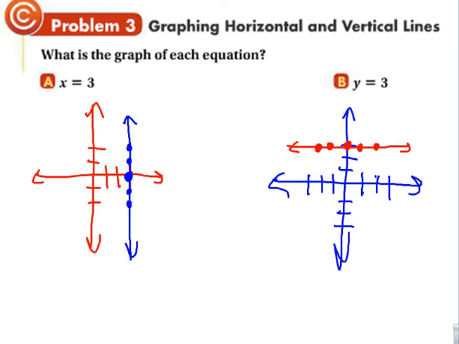So the thing that we can figure out here is that if it says x equals, it's vertical. And if it says y equals, it's horizontal. So that's the concept of graphing.